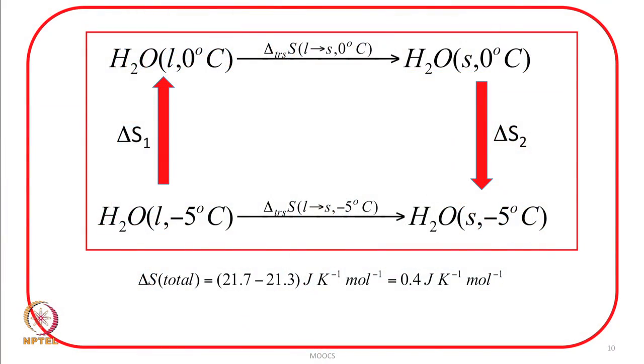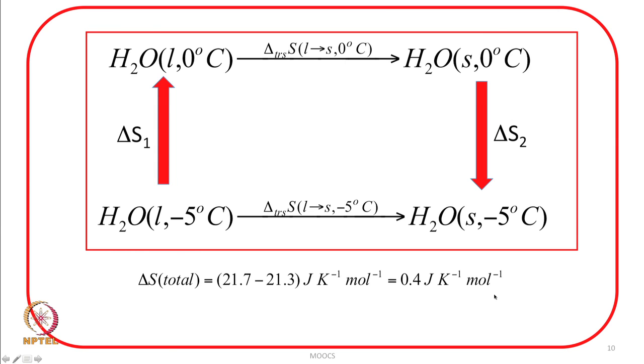So, when you calculate the total for the surroundings, it was 21.7 joules per Kelvin per mole. For the system, it is minus 21.3 joules per Kelvin per mole, and when you take the total, delta S system plus delta S surroundings, it turns out to be 0.4 joules per Kelvin per mole.